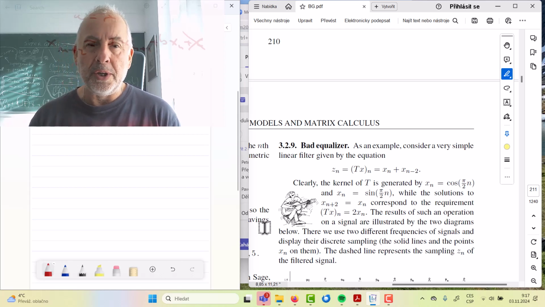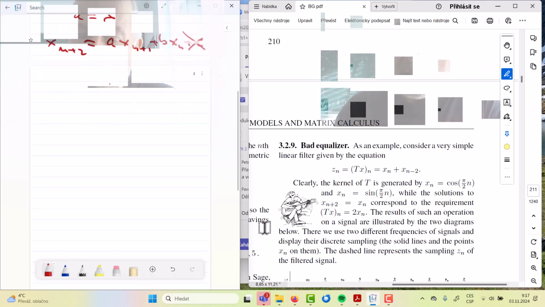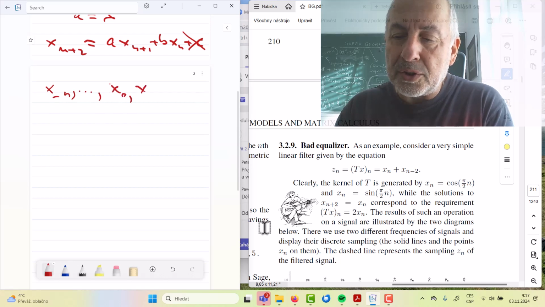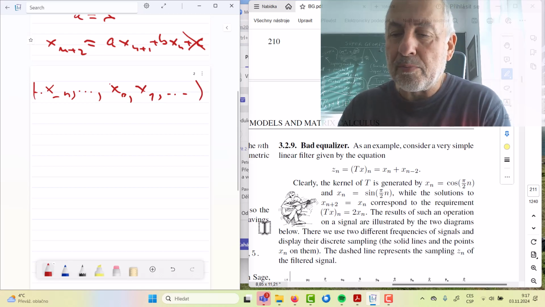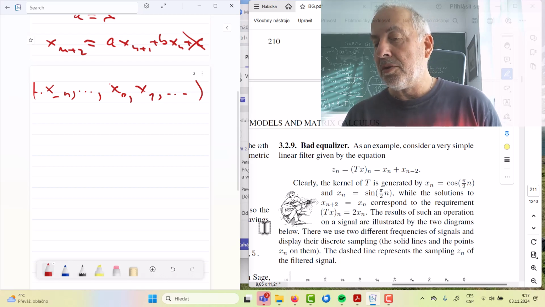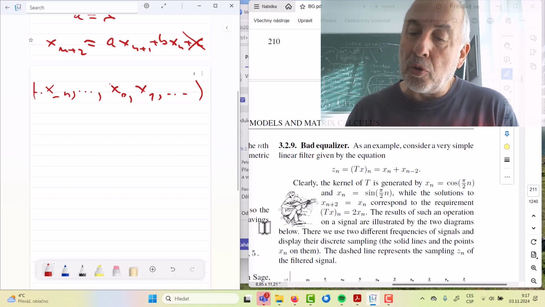You can also view it in such a way that you have something like x_{-n}, ..., x_0, x_1, so an infinite sequence of numbers, for all the integers, right?